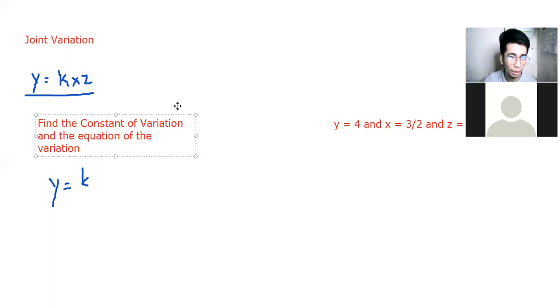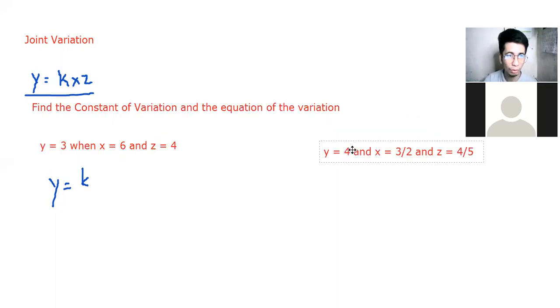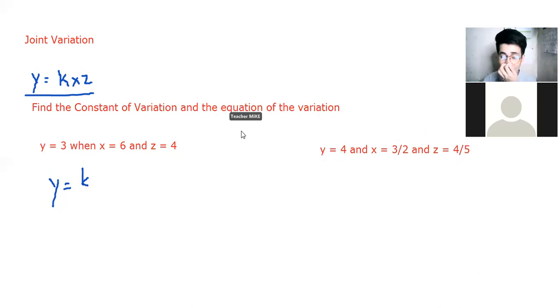Then, kapag nahanap na natin constant of variation, isasubstitute naman natin yung value of K para mahanap natin yung equation of the variation. Okay? So, yung letter K muna ating hanapin, we have Y is equal to K, X, and C. Or Y varies jointly as X and C.